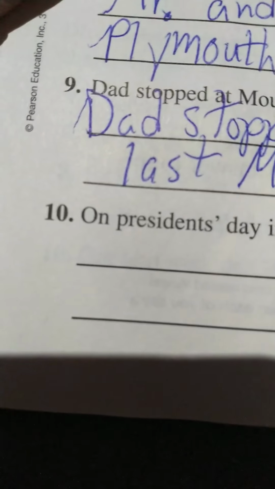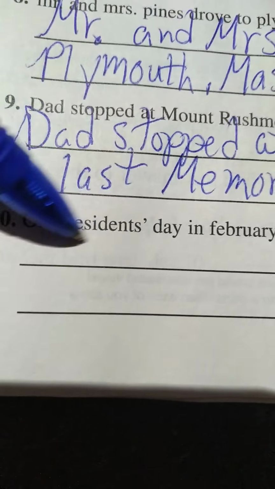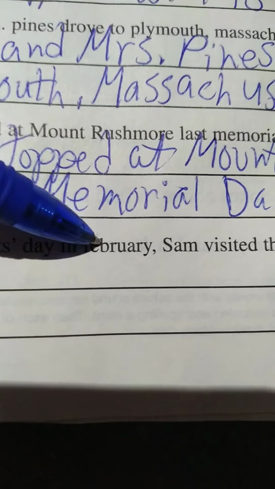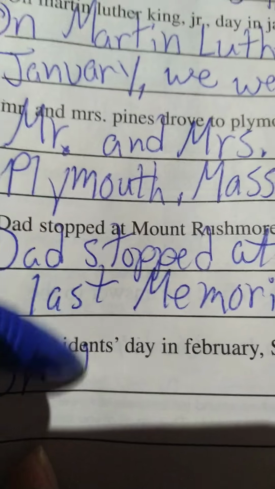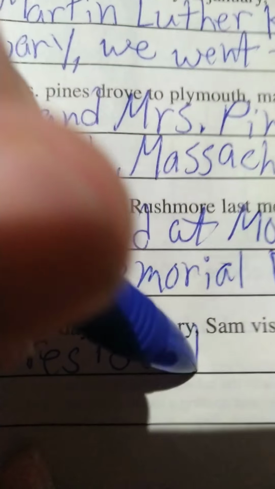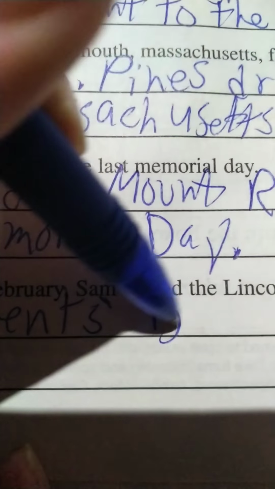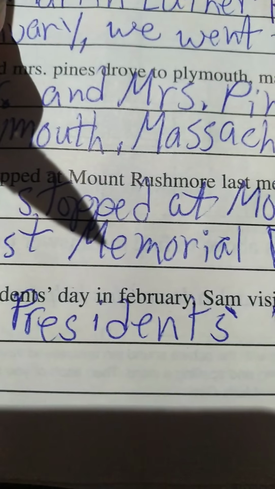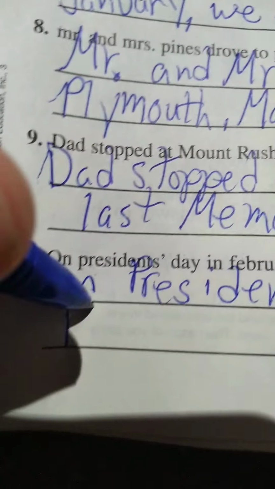All right, last one. On President's Day in February, Sam visited the Lincoln Memorial. All right, so we're going to go President's Day. It's a holiday, so capital P, capital D. February names a month, capital F, and we're good to go. So capital O on, capital P for Presidents, apostrophe after the S, capital D for Day. In February, capital F for February.